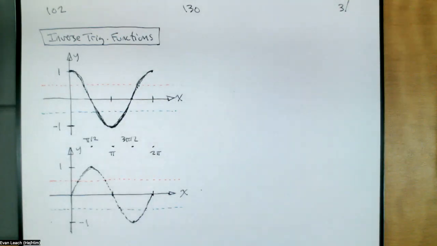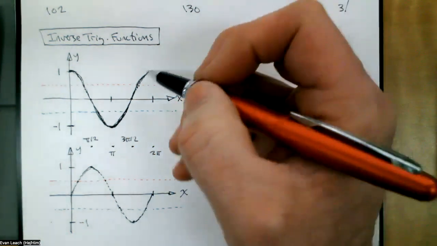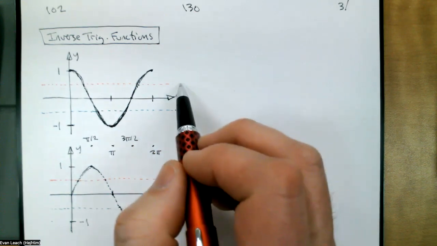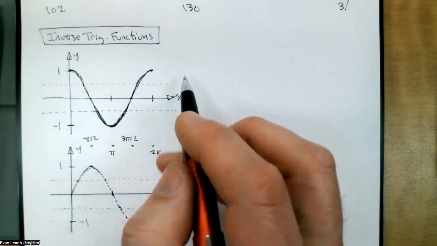So the same thing happens here. Notice that there are 2 angles, 2 solutions on the interval from 0 to 2 pi, where cosine of x is equal to 1/2.